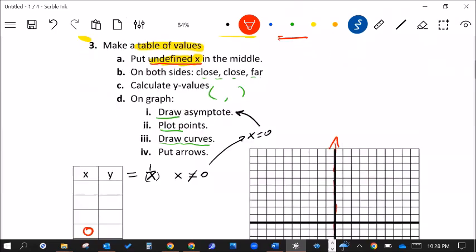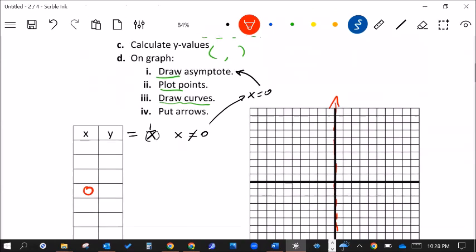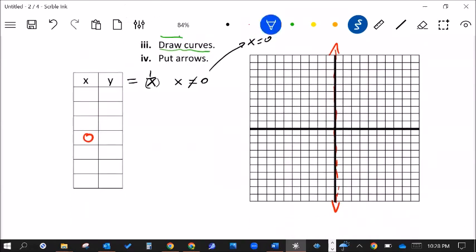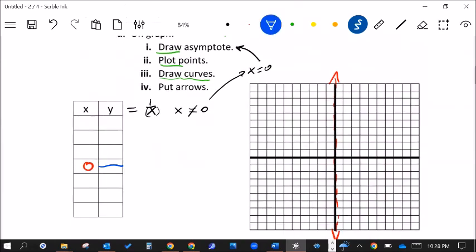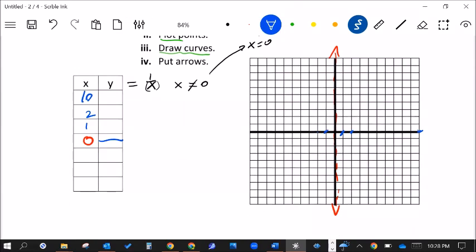So for a table of values, we put the undefined x in the middle. And we don't actually have an answer to that. So we want two numbers that are close to it, like 1 and 2, and way out farther, like 10. And the other way, we'll go to -1, -2, and -10.